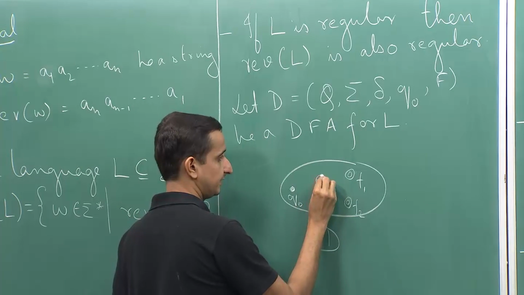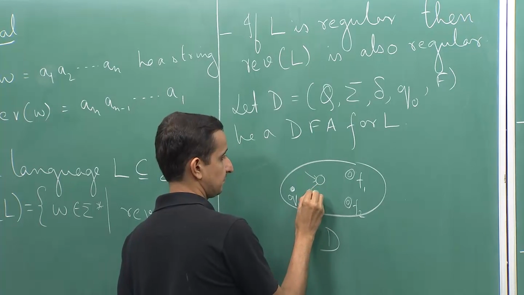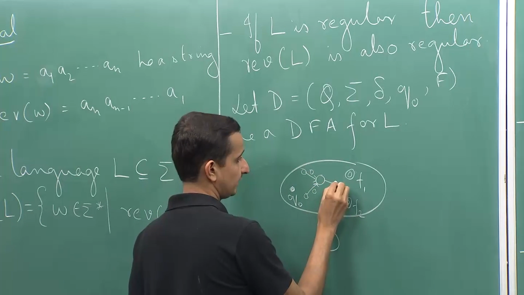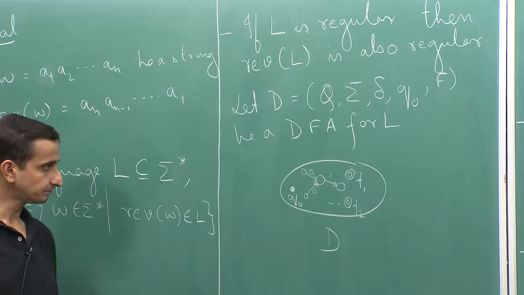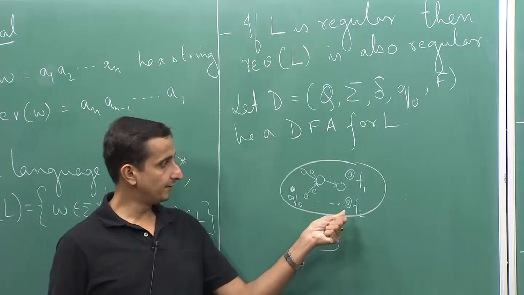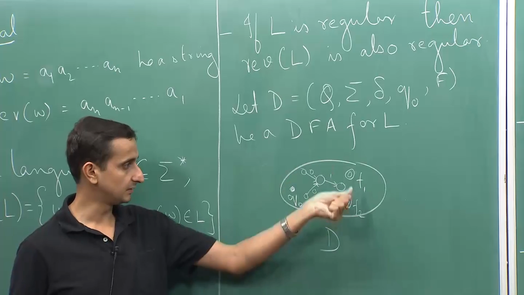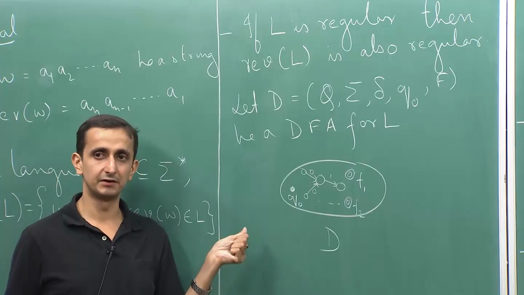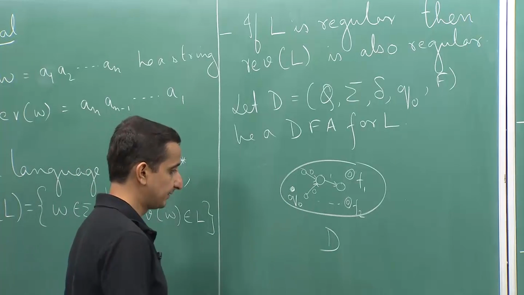So, we have a state here which has maybe 2 arrows coming to it on 0, and there is something going to another state on a 1, and so on. So, what we will do is we will reverse all the transitions that we have, or in other words, we will think of this as a graph, and we will construct another directed graph where all the transitions are reversed. But now, if I reverse all the transitions, okay, what do we get?